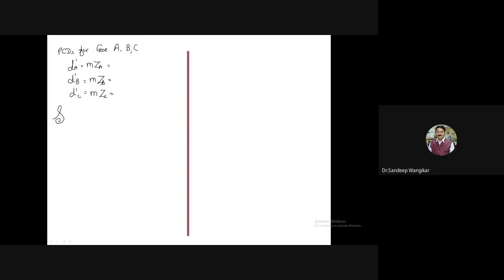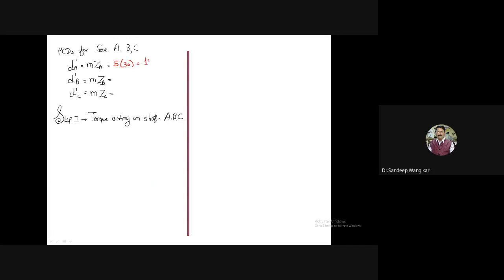Then I will go for step number 1, torque acting on shaft A, B, and C. Okay, so now M into ZA, just substitute values. Module is given as 5 millimeters, ZA 30.